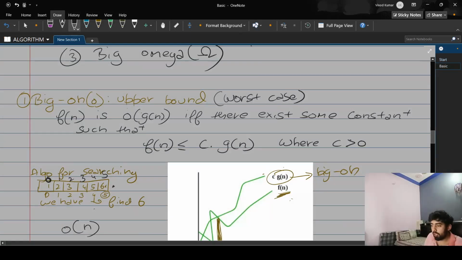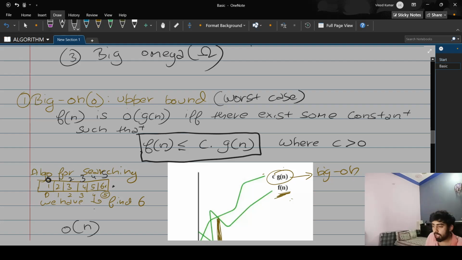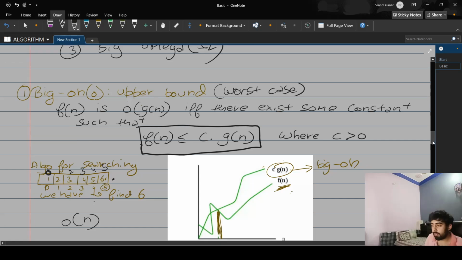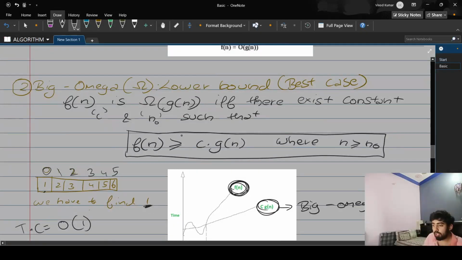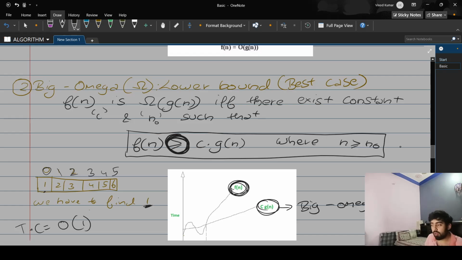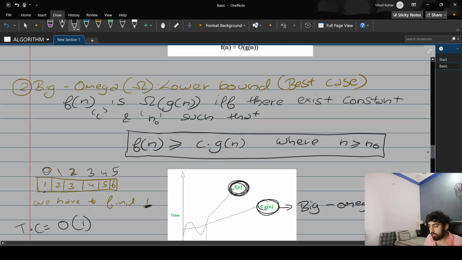Here, a function f of n can be equal to c times g of n. It can be equal in big O. But in small o, it cannot be equal. It has to be strictly above from a particular function. And for big omega, it can be equal or less. But for small omega, it has to be strictly less than a given function.